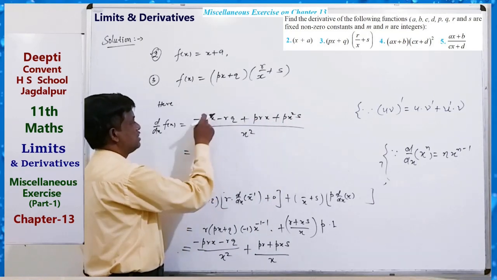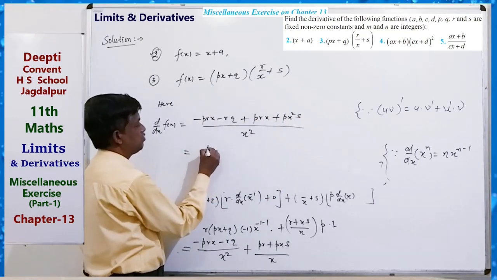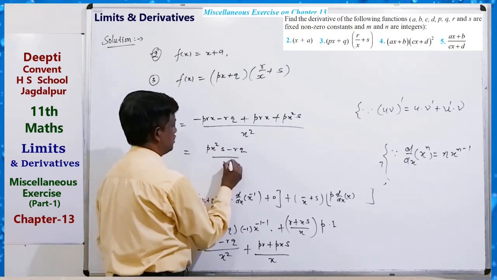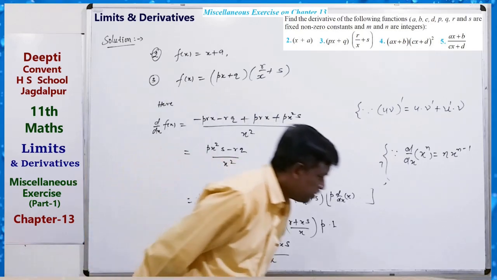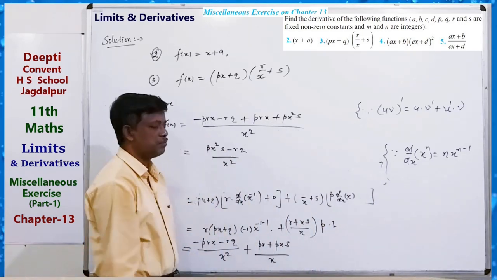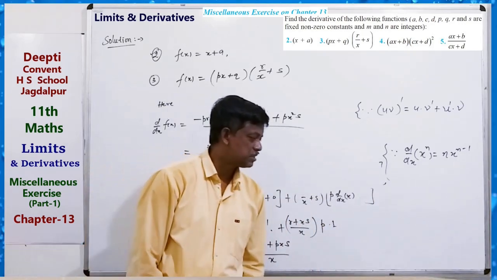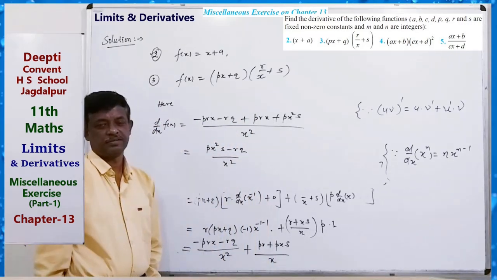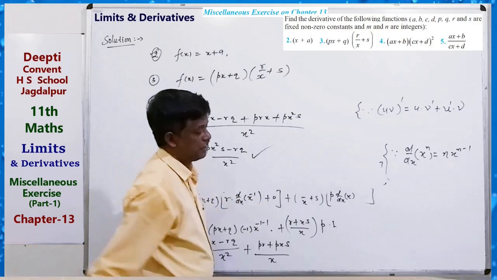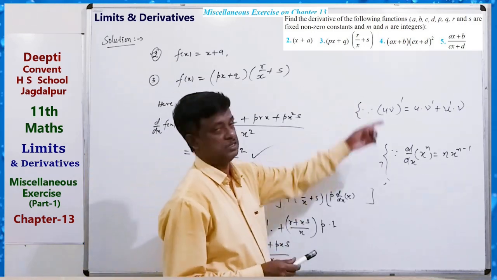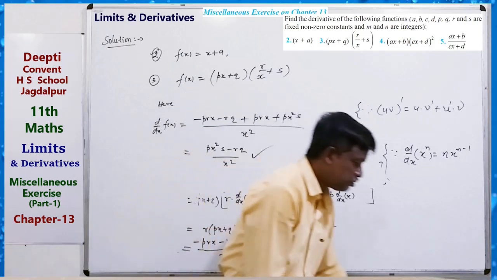So this cancels, and here we get (px square s minus rq) upon x square. So the answer is (px square s minus rq) by x square. Okay, so this is the answer, by using the multiplication rule, the product rule. Now question 4.